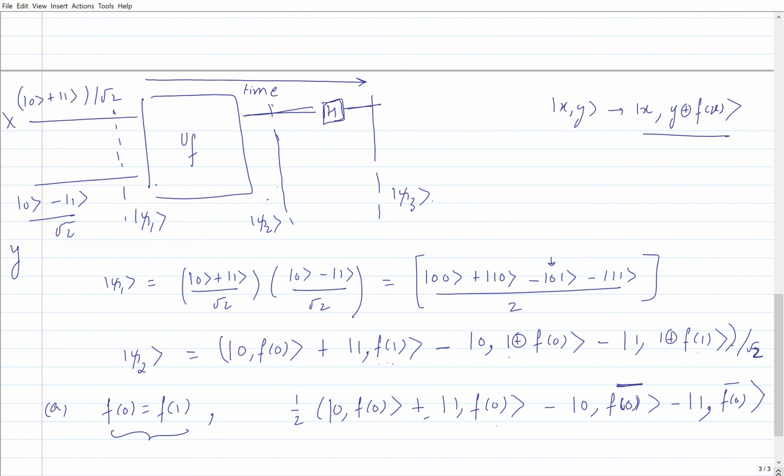What do I get after this? What does it factorize to? So if you look at closely, let's do it on the next page.